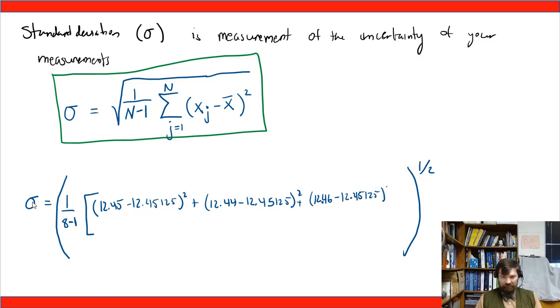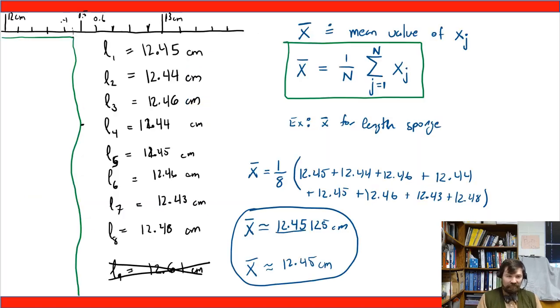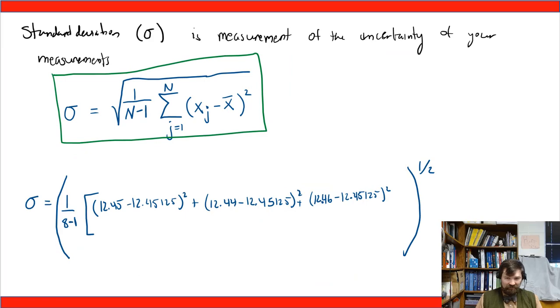And you just keep doing each of these until you've got all 8 of these numbers here, each time subtracting this mean. So I'm just going to put a little ellipsis here. And so, you would compute these and square each one, then add them, divide by 7, then take a square root. As it turns out, if you do that, you get something approximately equal to 0.0155 centimeters. This is in centimeters.